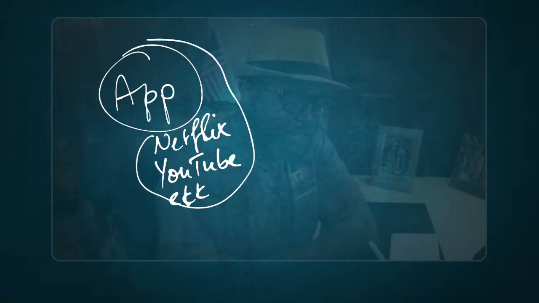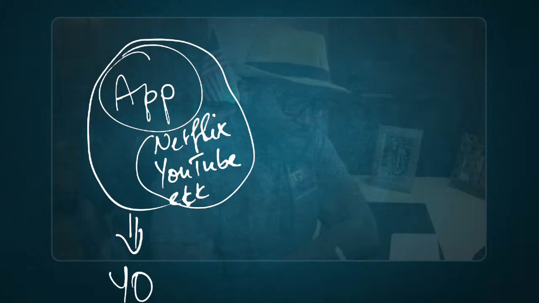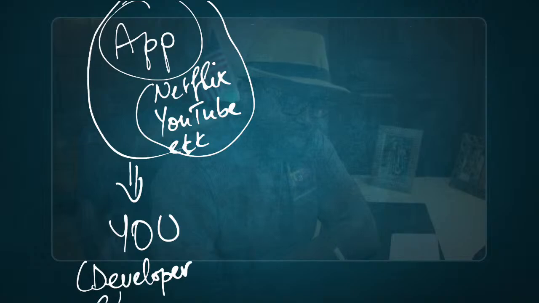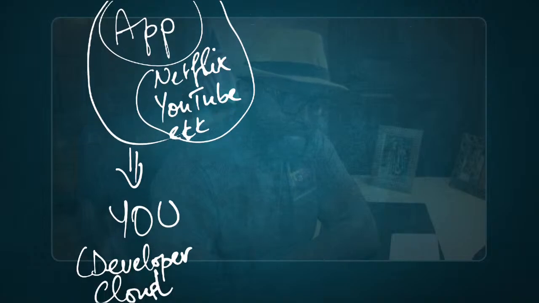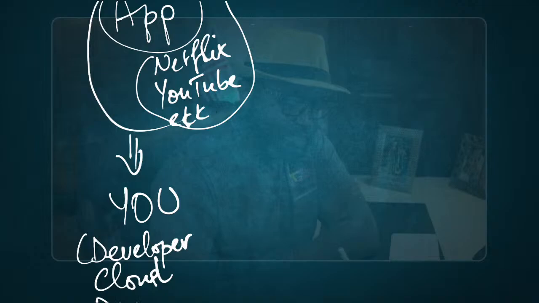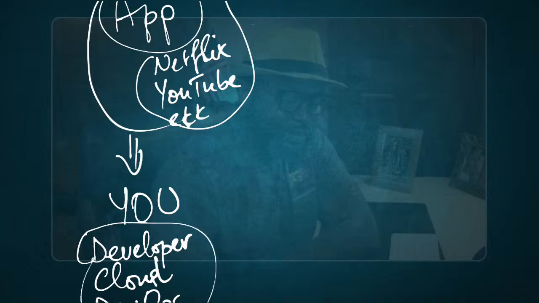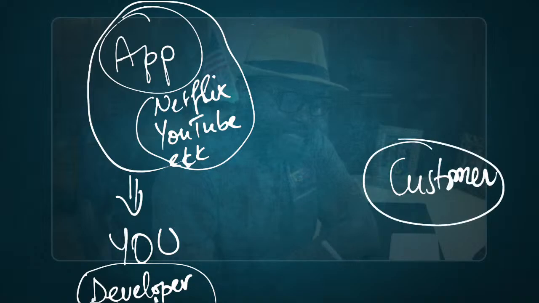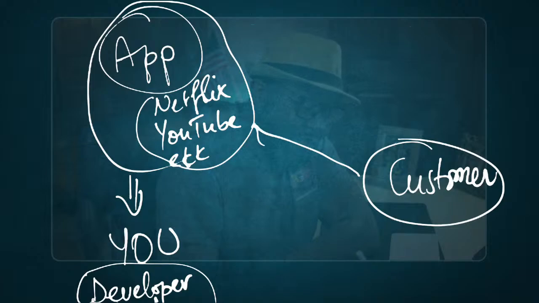Okay, so this is your app, and here this is you as the developer or cloud and DevOps engineer. And then here, this is where we have our customer, our clients, and they need access to the application.